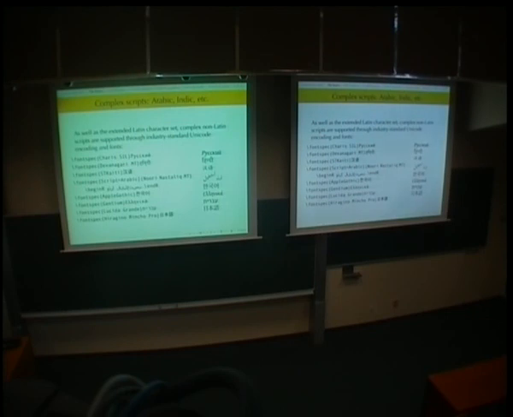Now, the interesting case comes with scripts like Hindi or Urdu that are in here, where there is actually complex behavior that goes on. The characters are not just printed individually.